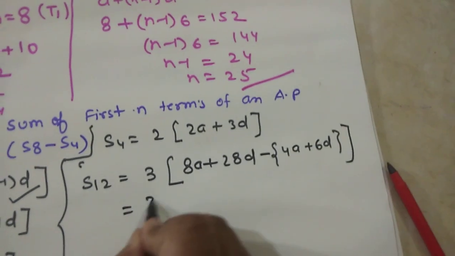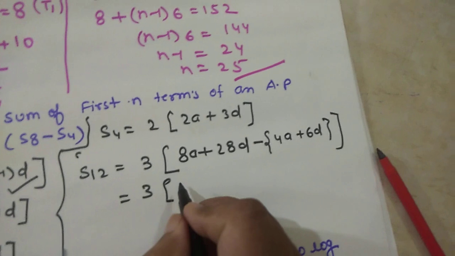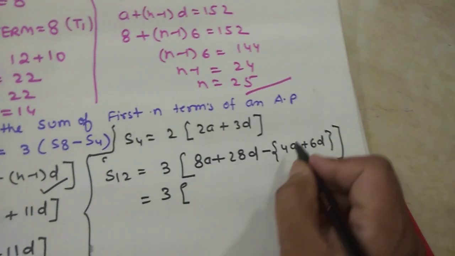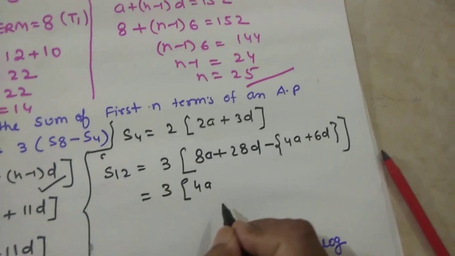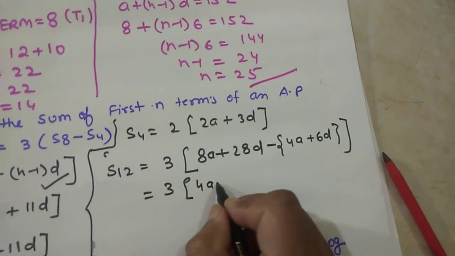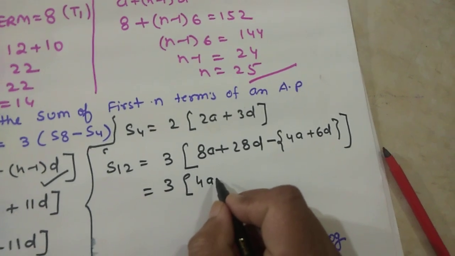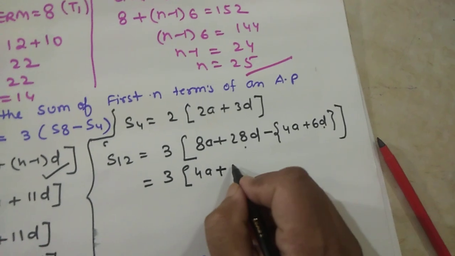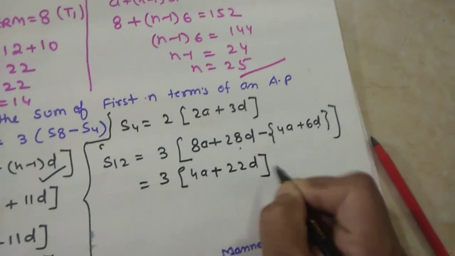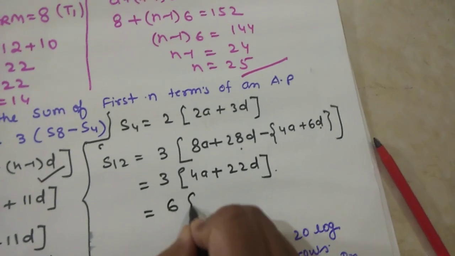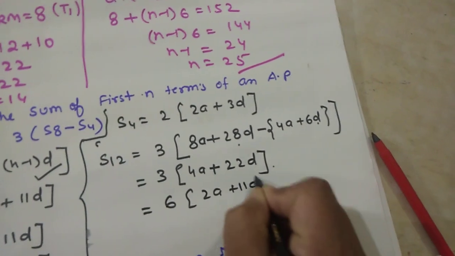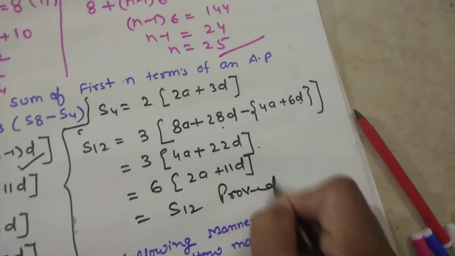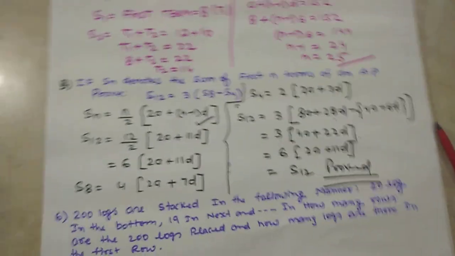Bracket 3. 8 minus 4, 4a plus 28 minus 6, 2d. Take common 2. This is 6, 2a plus 11d. This is S12. Proved.